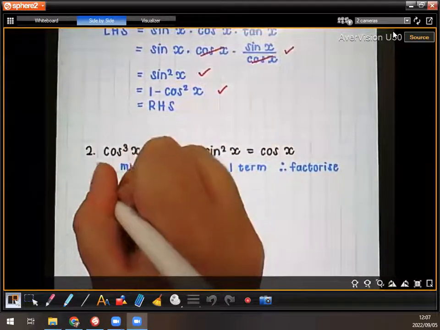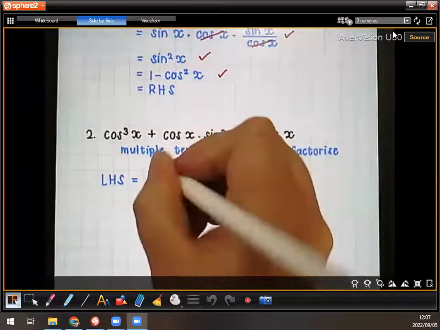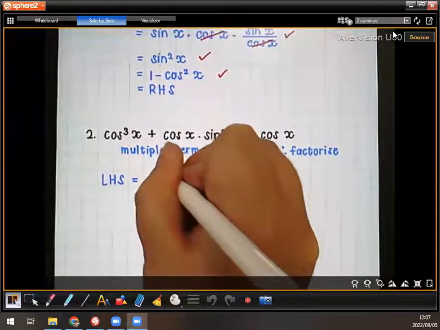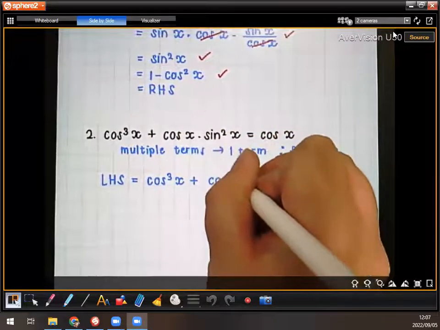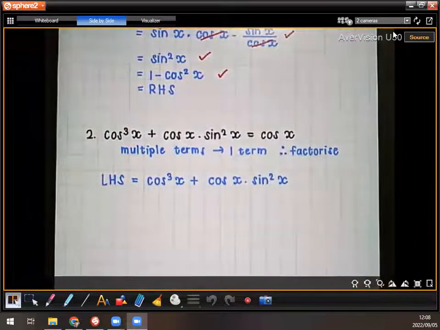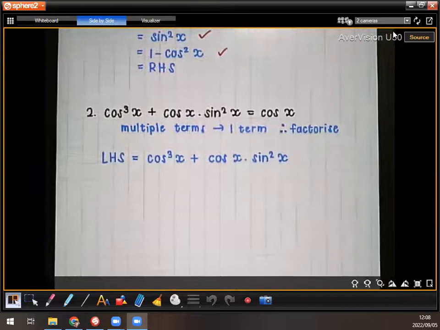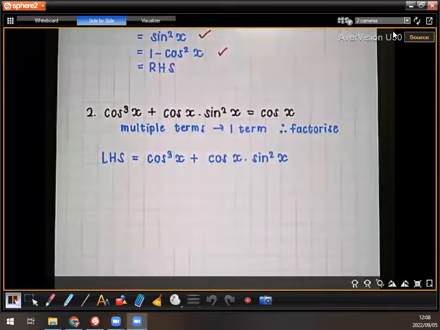Okay, so let's write here LHS. Again, I'm just going to write down what is on the left-hand side so that I'm absolutely certain of what I am working with. With those two terms, and I need to get it to cos x. So guys, like we already said, we're going to have to factorize.